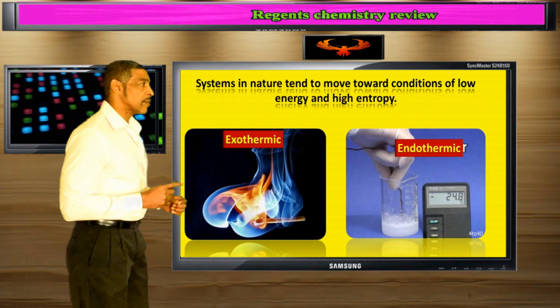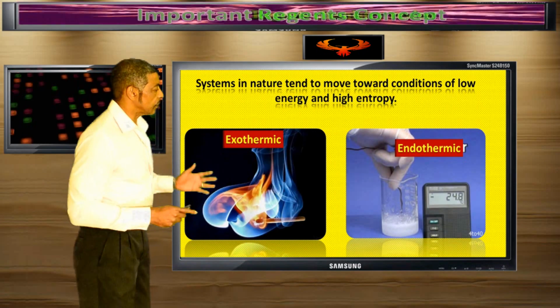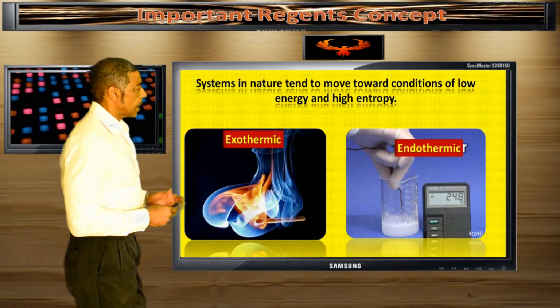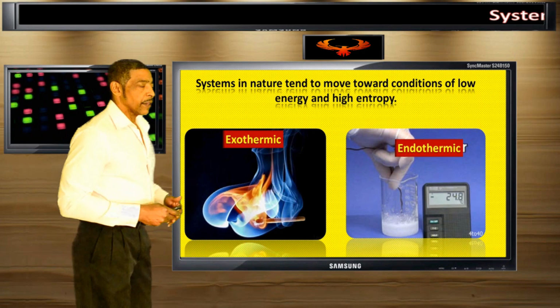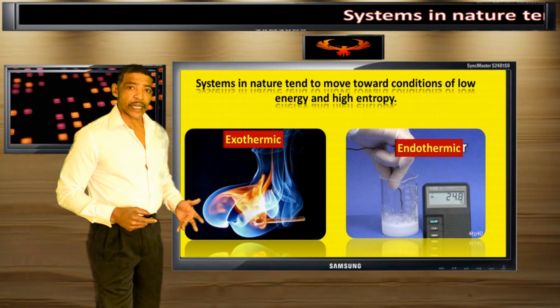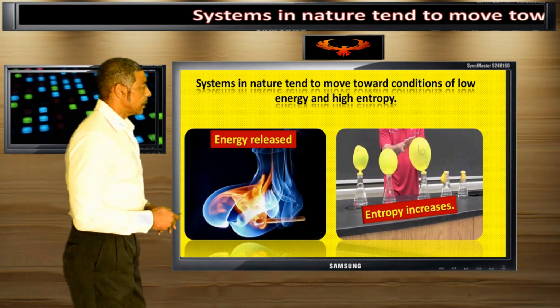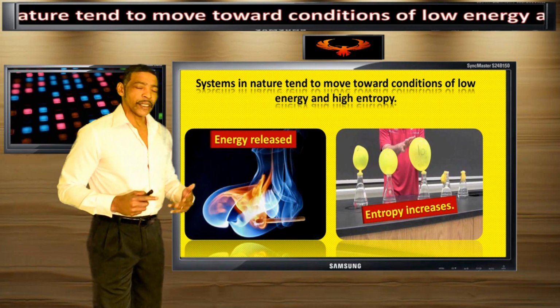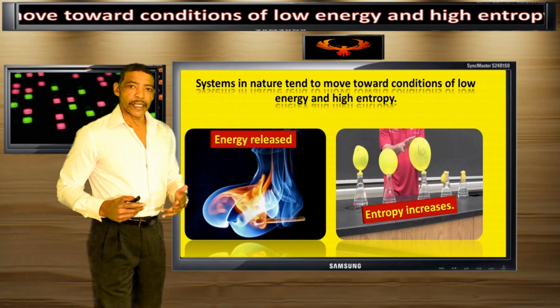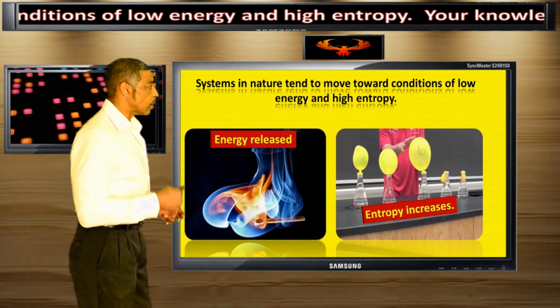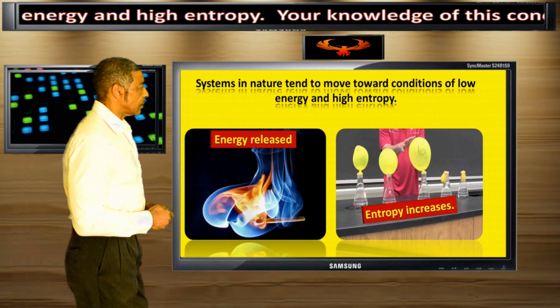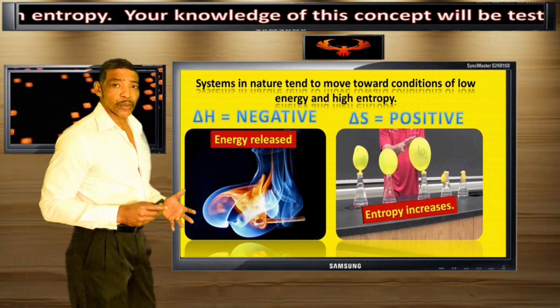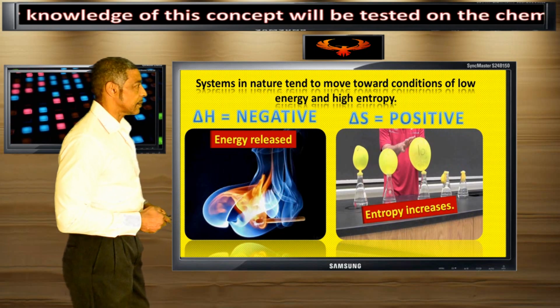Additionally, systems in nature tend to move towards conditions of low energy and high entropy. This means that exothermic reactions are more likely to occur than endothermic reactions, and reactions forming less ordered products, such as gases, are more likely to occur than reactions that form more organized products, such as solids or liquids.